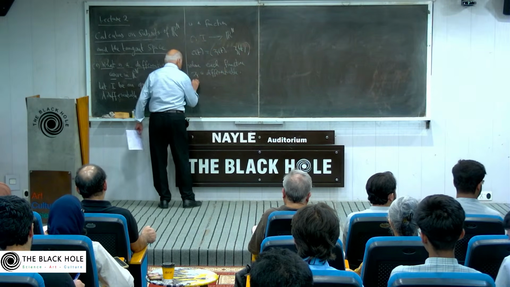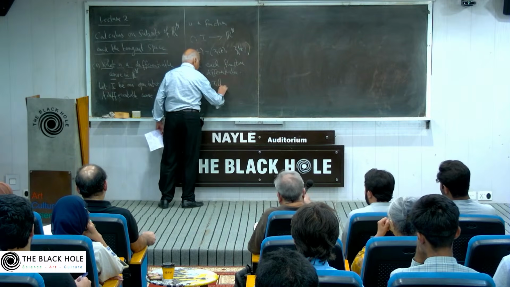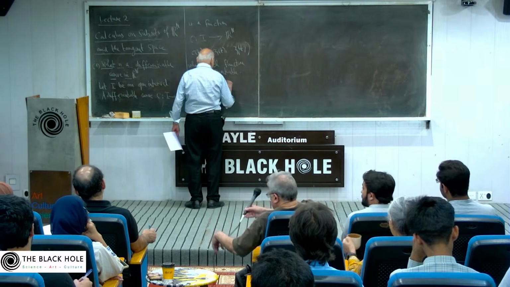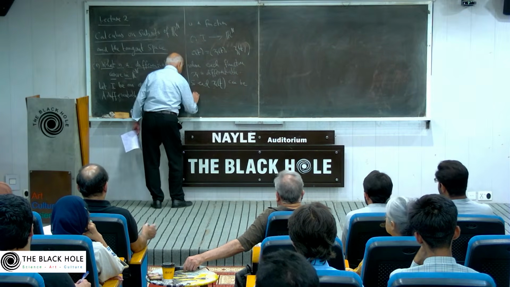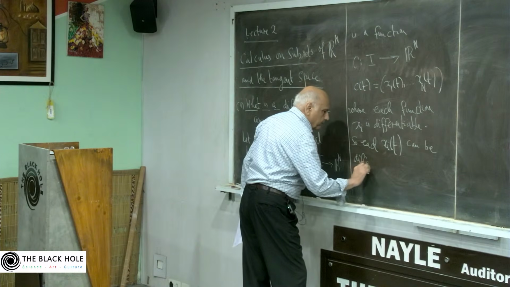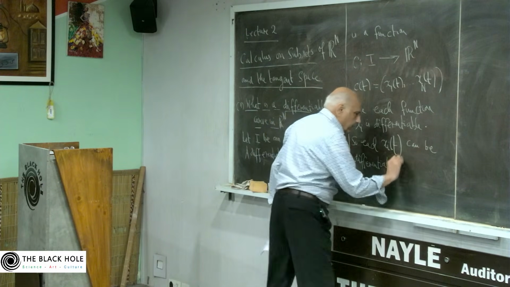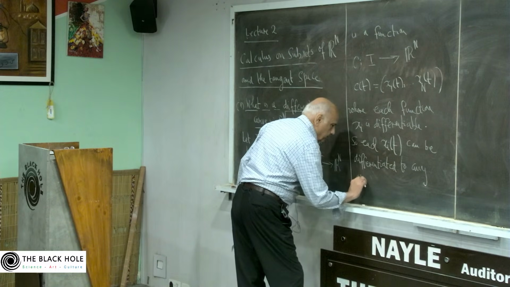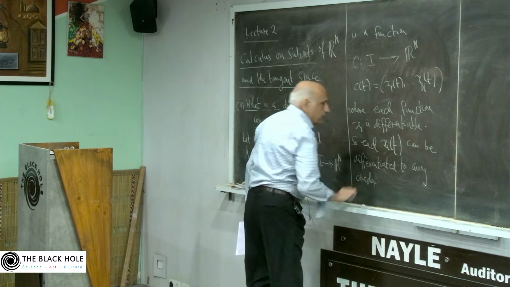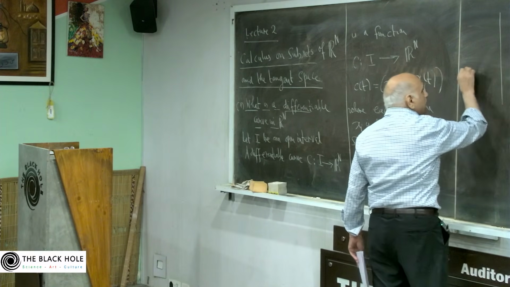So each xi(t) can be differentiated to any order. Let me draw a picture for R2.